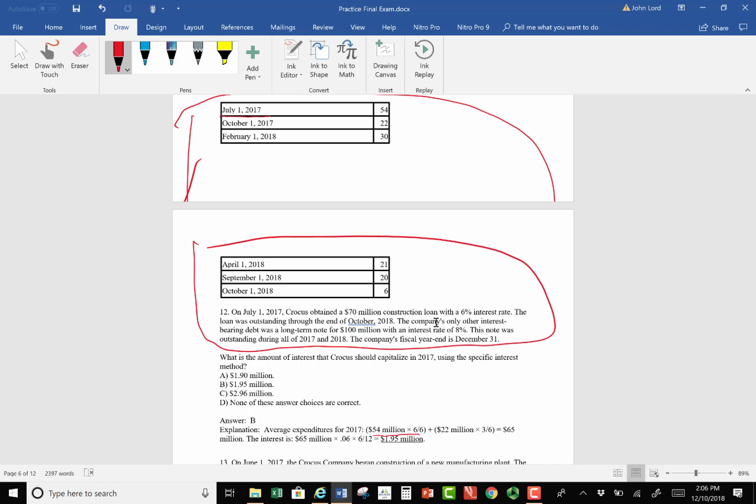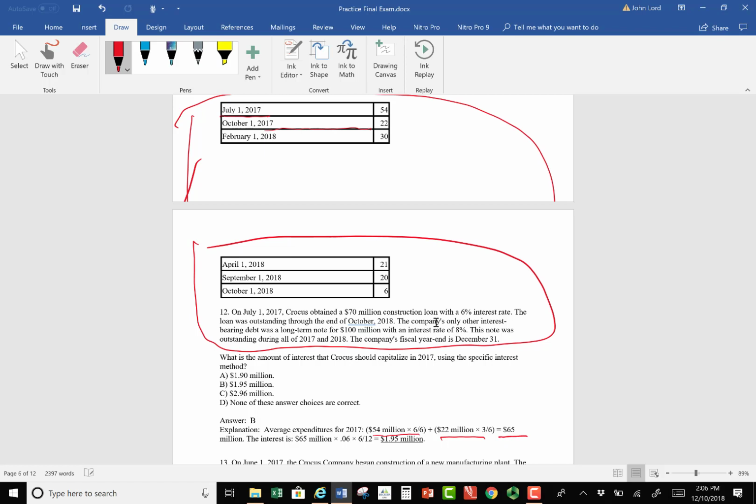Then they spend another 22 million on October 1st. And so now we have an amount that was outstanding for all of October, all of November, all of December. So we rate that 3/6 of the construction period. And so we weight those accordingly. And my weighted average of my accumulated expenditures is what?